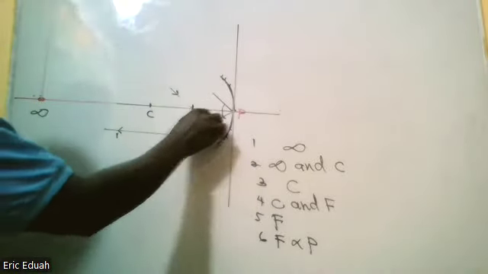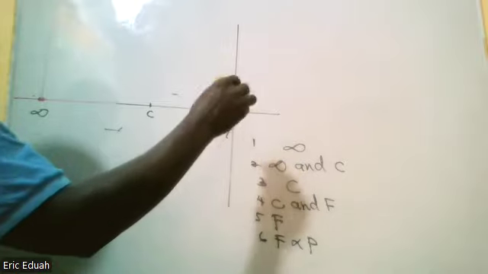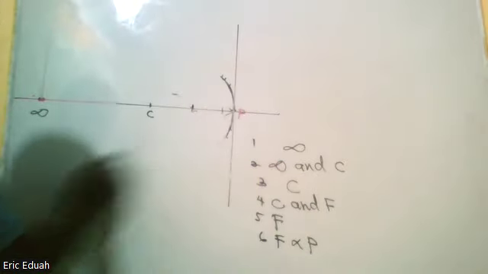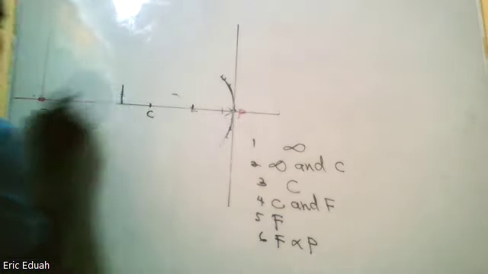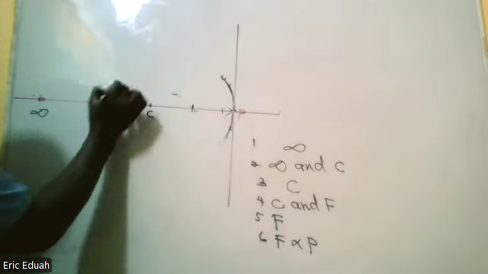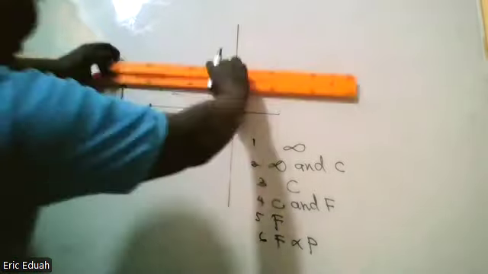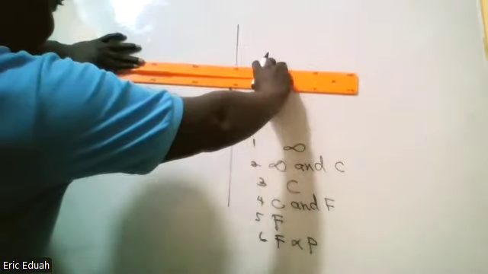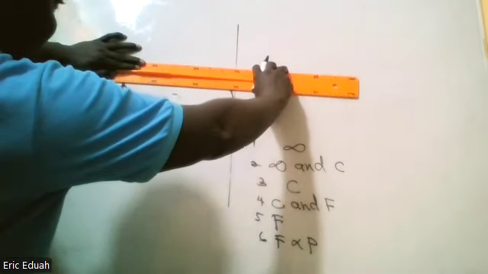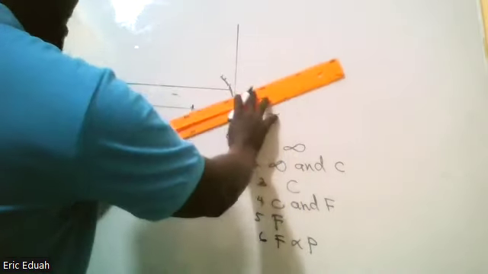Object is placed between infinity and C, meaning beyond C. So when I place the object here, it is between infinity and C. You can quickly use a ray diagram. A ray of light parallel to the principal axis must reflect and pass through F.